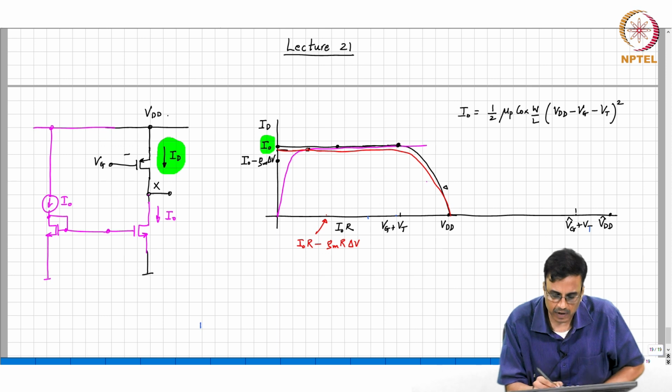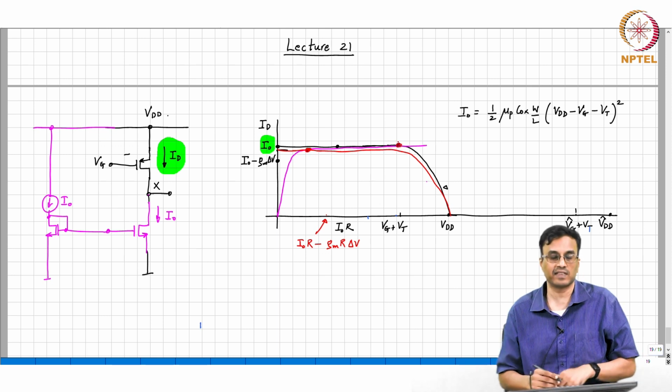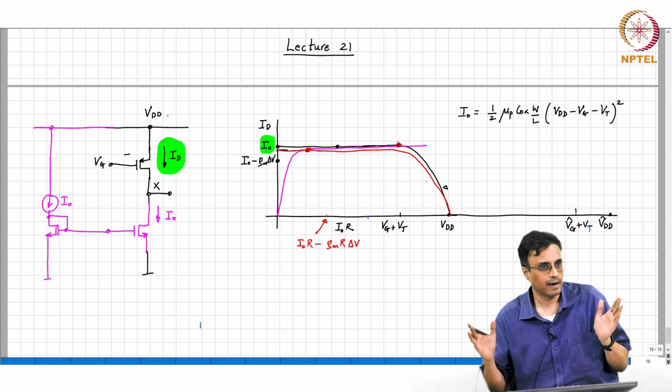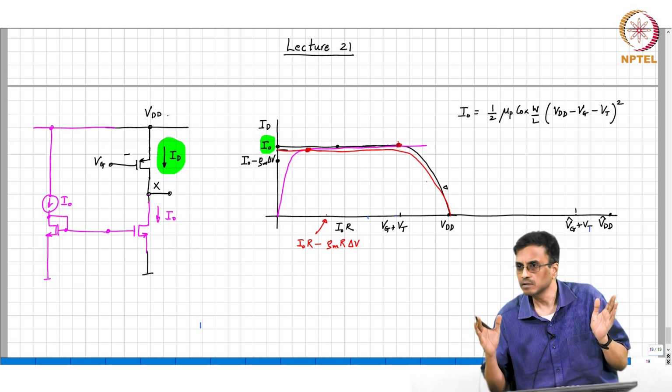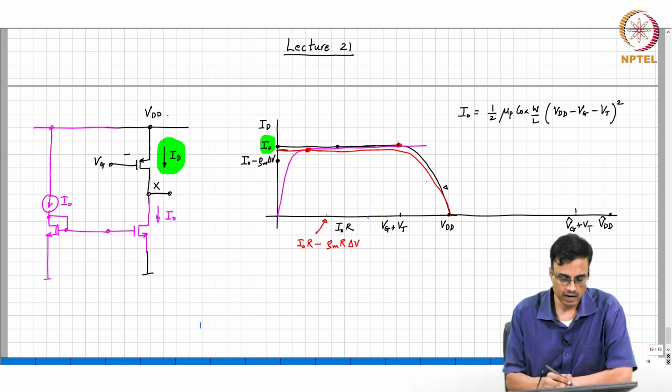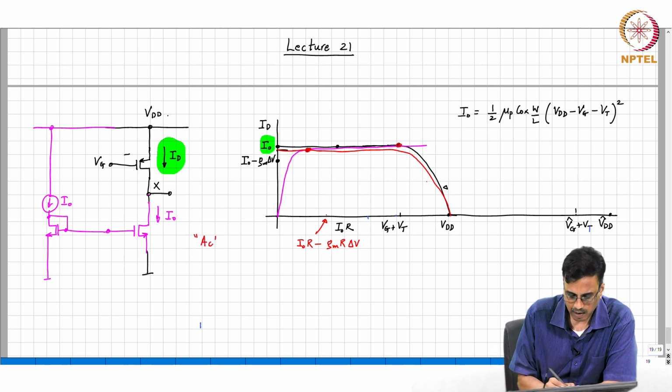Only then will the distance between these two points of intersection be very, very large. Is that clear? So even though the load is actually passive, it's called the active load.